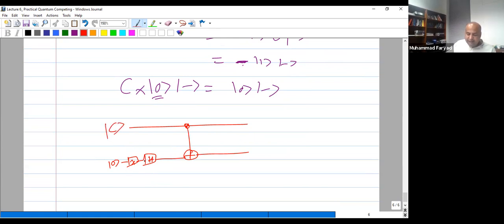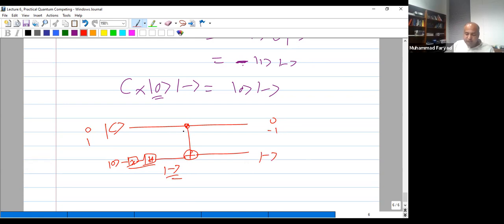So now this X and H will make it a minus state. Okay, so now this is a special situation, because if this control is 0, I will get 0 here, and if this control is 1, I will get minus 1, and this minus state will go to minus state.